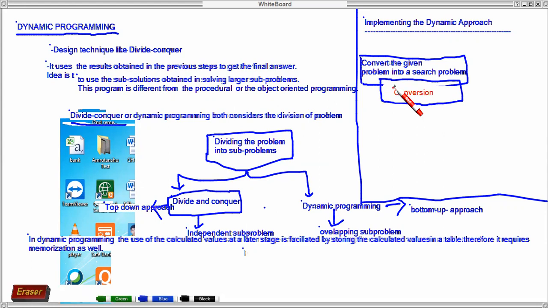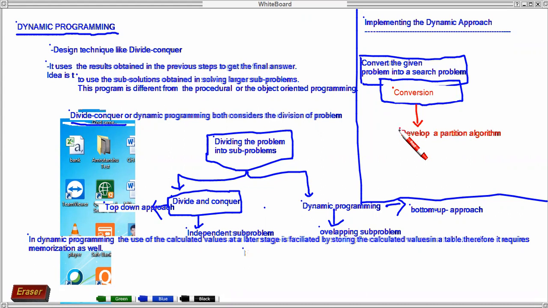After the conversion, we go on to develop a partition algorithm. How do we develop the partition algorithm? Develop a partition algorithm.